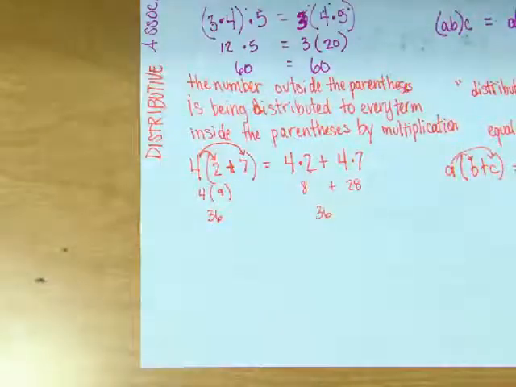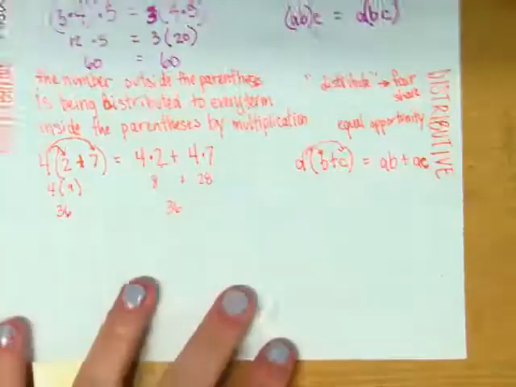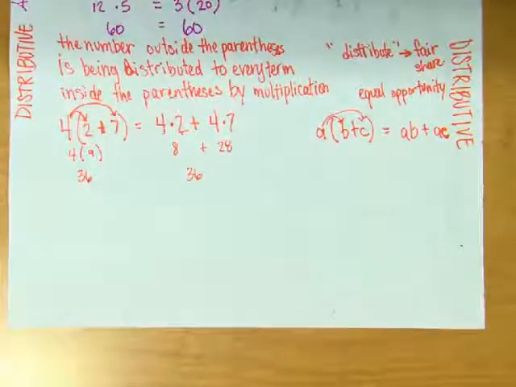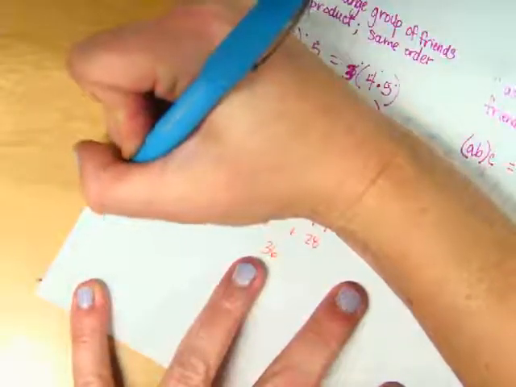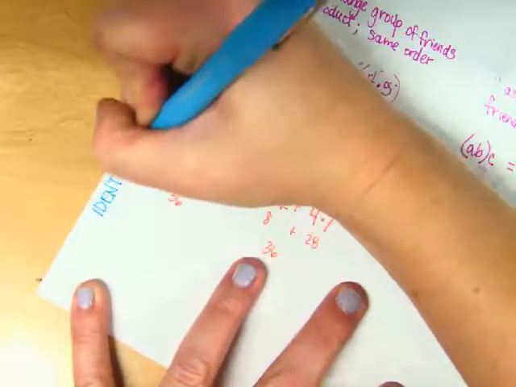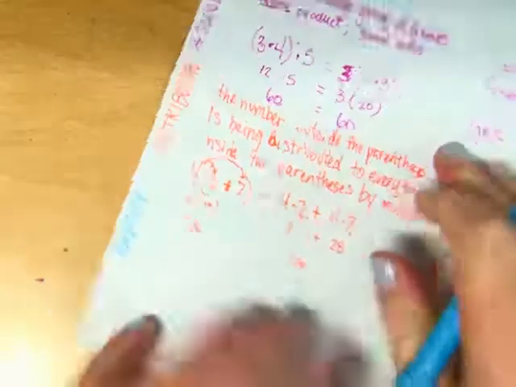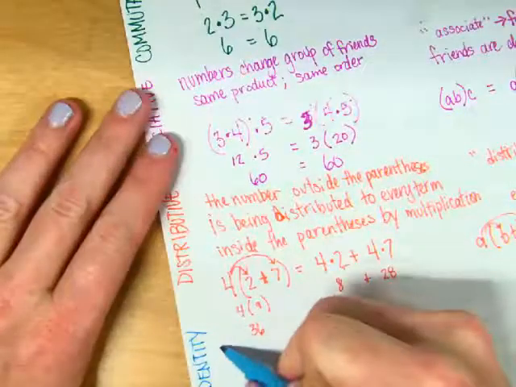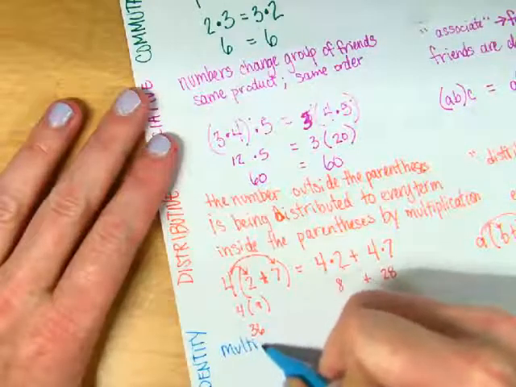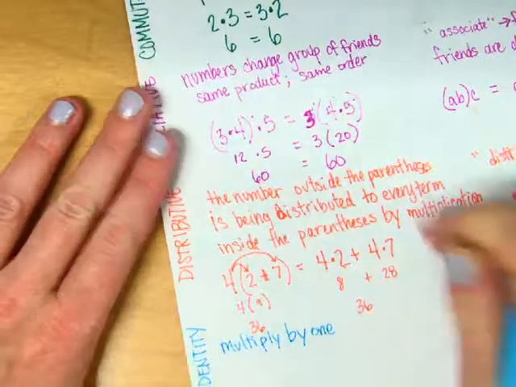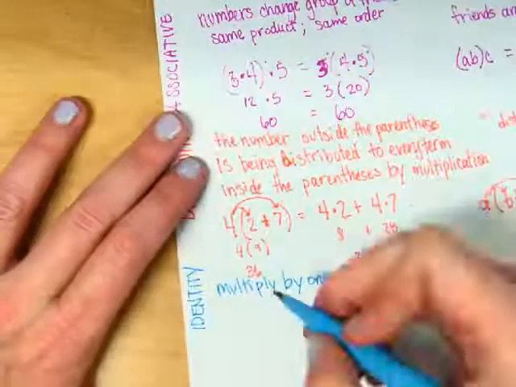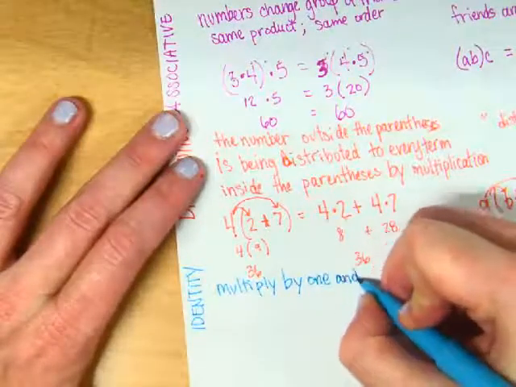Alright, we've got 2 more properties to squish on there. The identity property is you multiply by 1 and you get the same number.